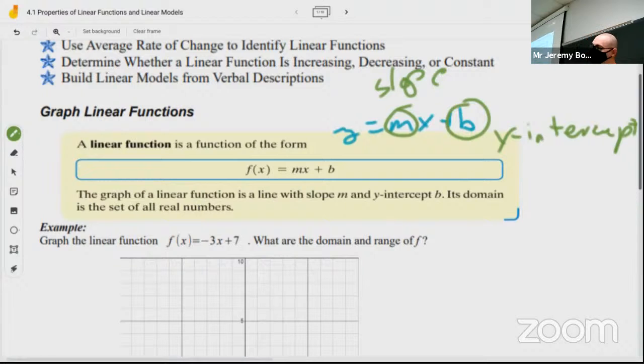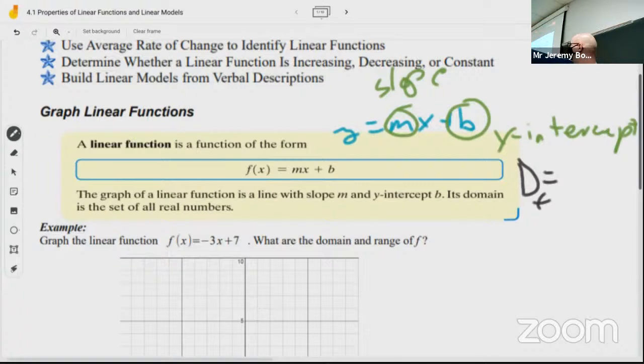The domain. What do you think the domain of a linear function is going to be? Think back about the domain stuff we talked about last week, 3.1, 3.2. Remember, the variable could be whatever it wants, negative infinity to positive infinity.